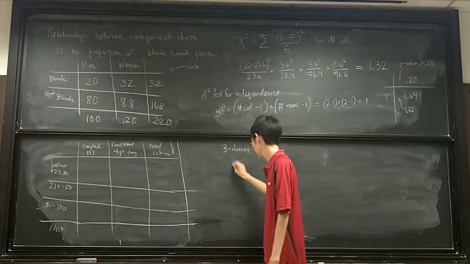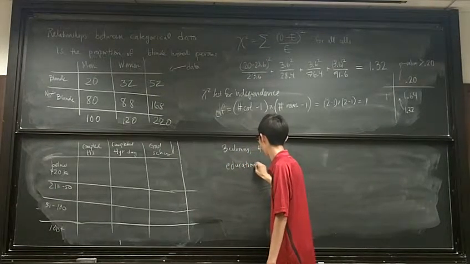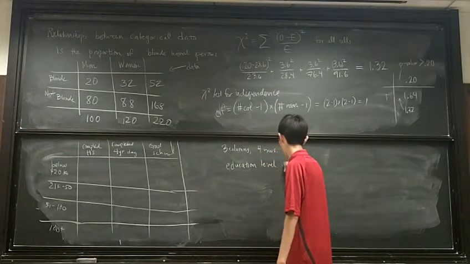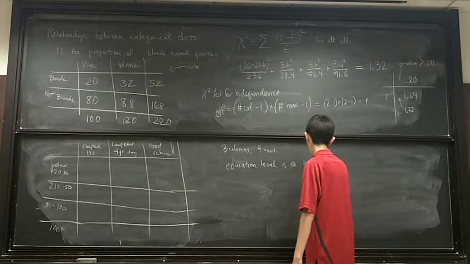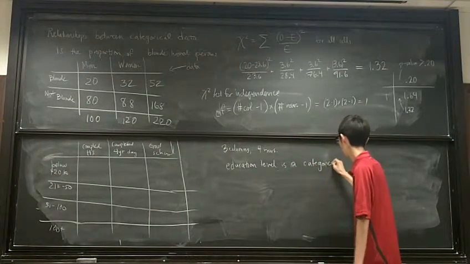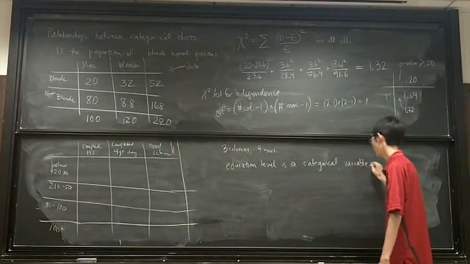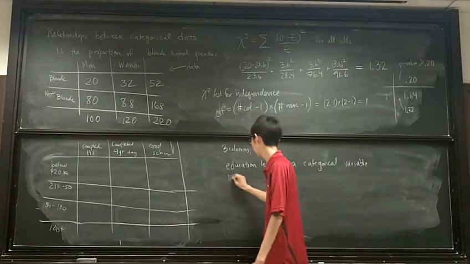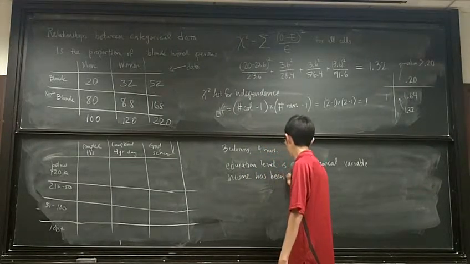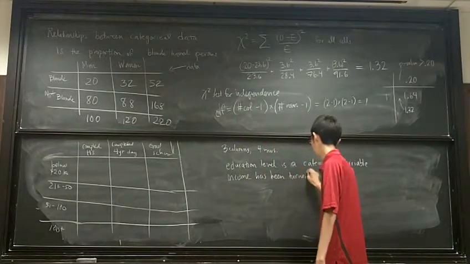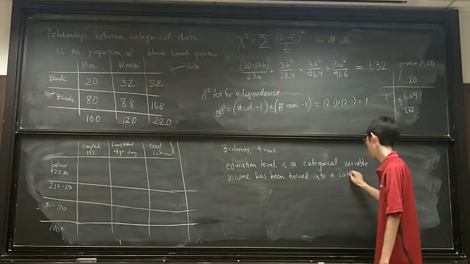Okay, so education level, categorical variable. And then income turned into a categorical variable.